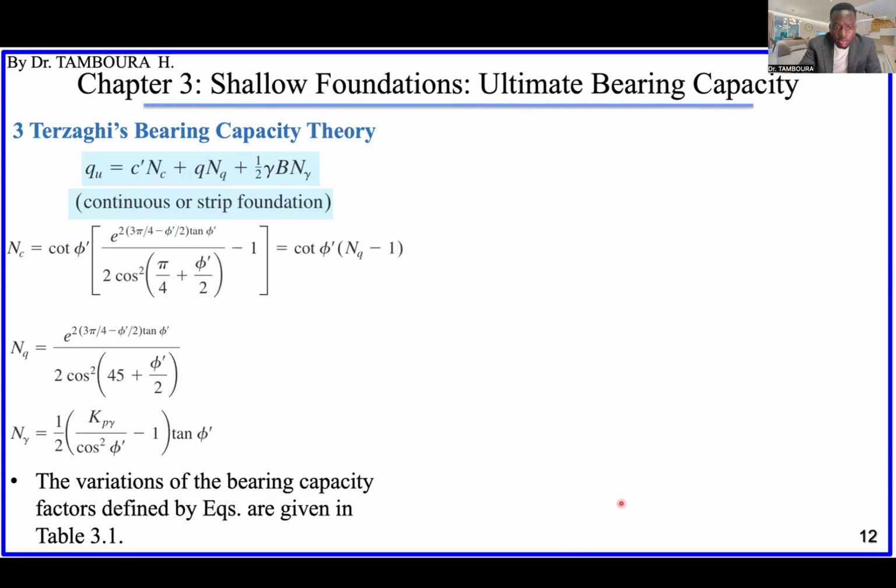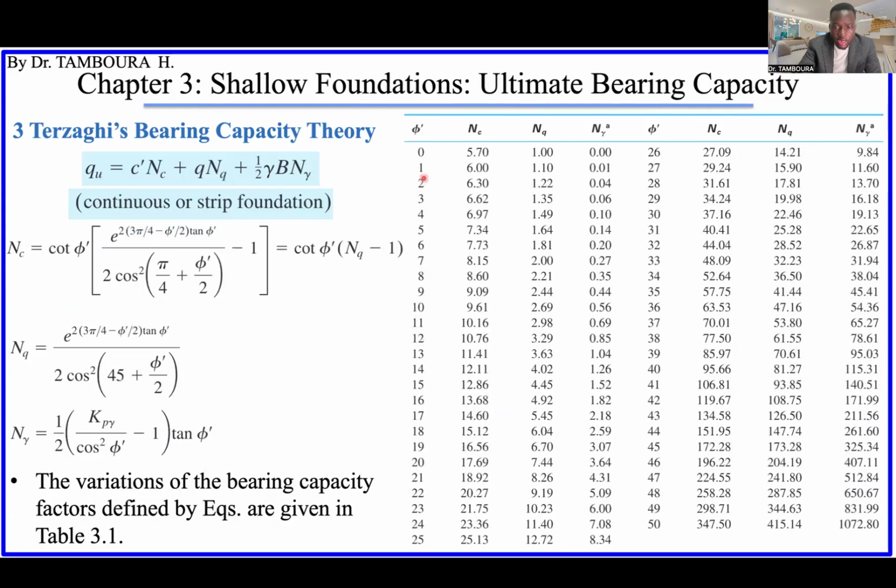So when we use phi, we did something for you, you can use these values, from phi' equal to 0 to 50, which covers the reasonable values of friction angle of soil.